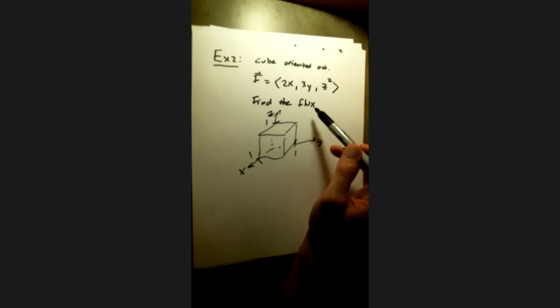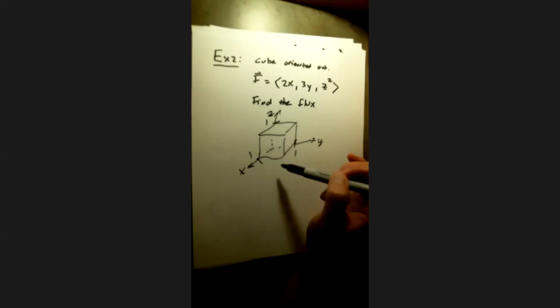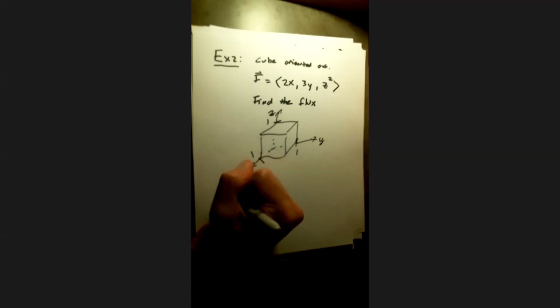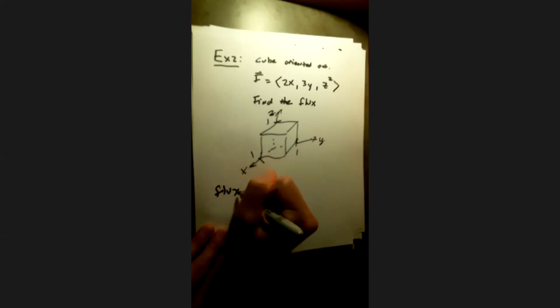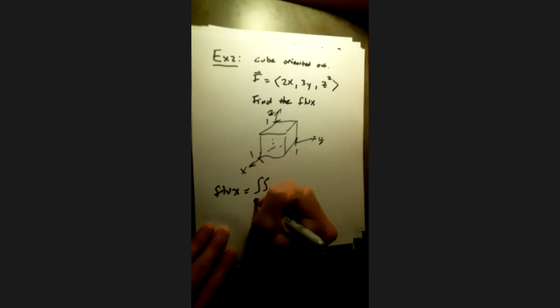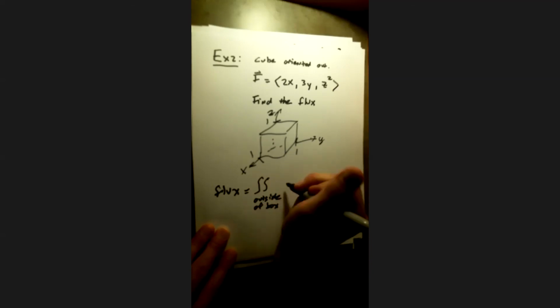And how many things are you going to have to parametrize? 6 things, which is a good reason to look for another method. So we have that flux is equal to the surface integral across the outside of the box, and we'd really prefer not to deal with this. So this would be F dot n dS.